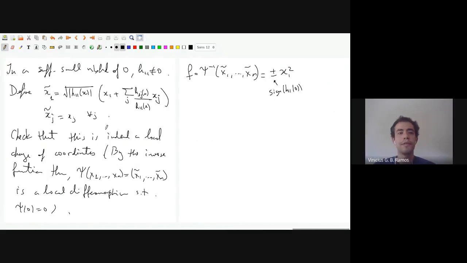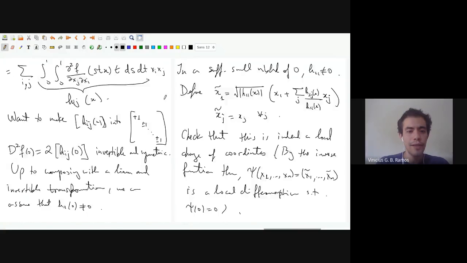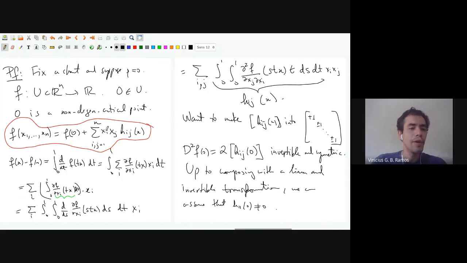Right, because when you take x1 tilde squared, it's exactly this: you're going to have twice h1j times x1 xj, and the term with 1 appears twice, when i equals 1 and when j equals 1. So basically, all the terms involving the index i or j equal to 1 are going to be absorbed into x1 tilde.